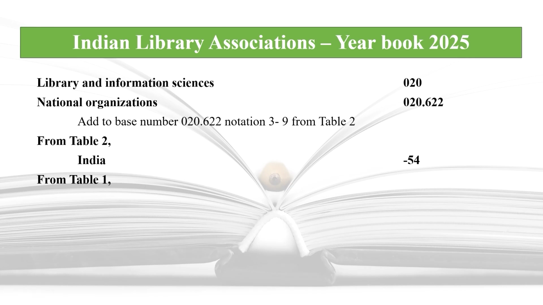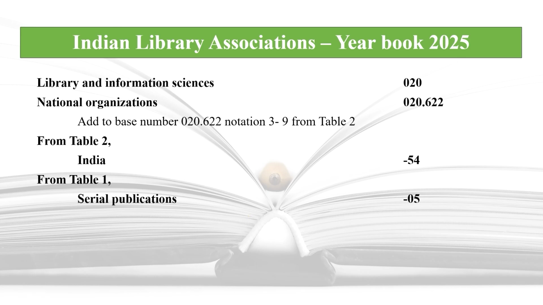And now it comes to the facet idea of the yearbook. From table 1 we will find the serial publication is 05. You know that a yearbook is published at a specific duration, once in a year, so we can treat it as a serial publication, and the number for serial publication according to table 1 of Dewey Decimal Classification is 05.